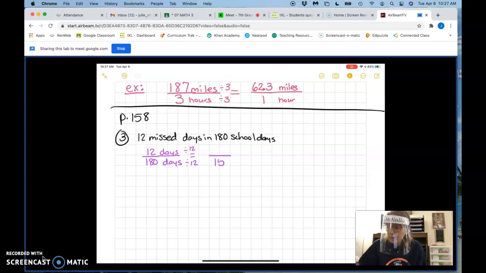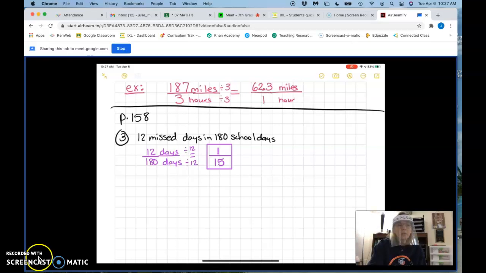Good. Thank you. And what about 12 divided by 12? Try again. What is it? 1. Good. So making this ratio in its simplest form, we have 1 over 15.